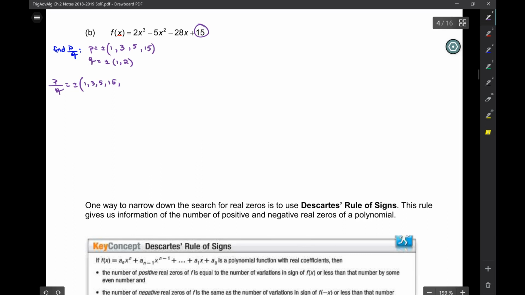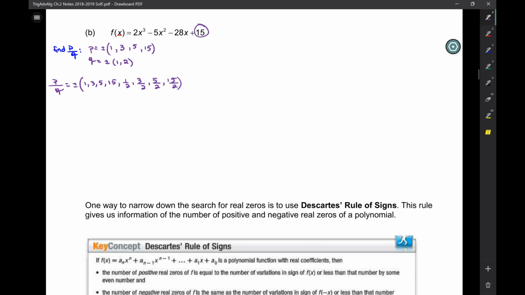And then it's the first row divided by 2, so you get 1/2, 3 over 2, 5 over 2, 15 over 2. How many numbers are in this list now? 4, 8, 16 numbers.